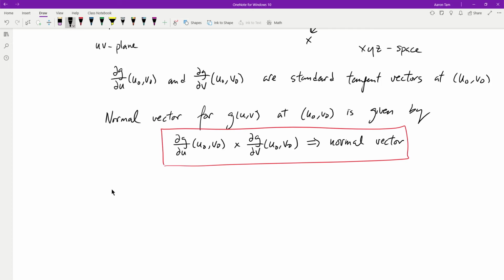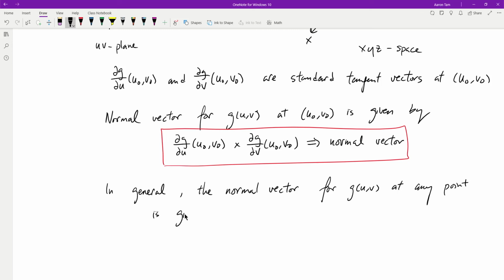So in general, the normal vector for g of uv at any point is given by just taking dg over du cross product with dg over dv.